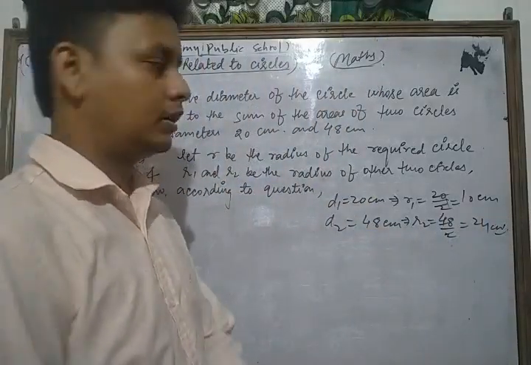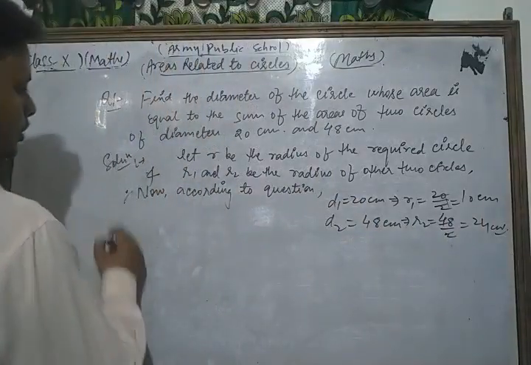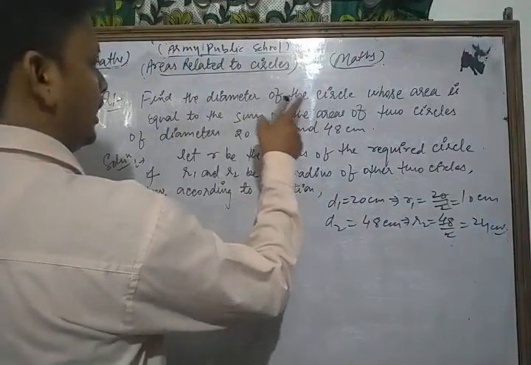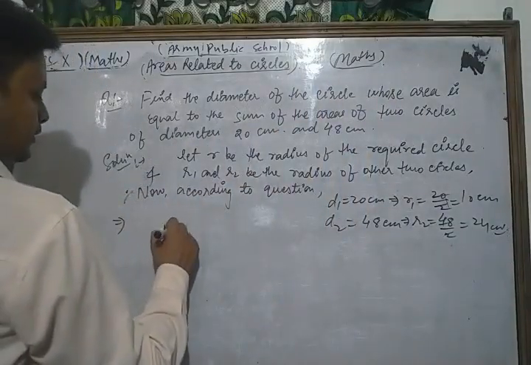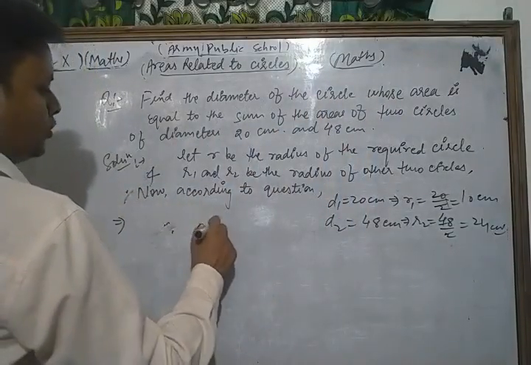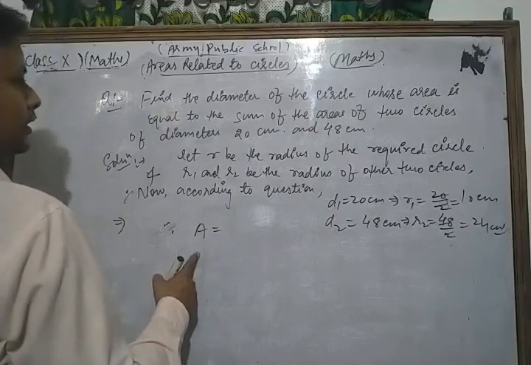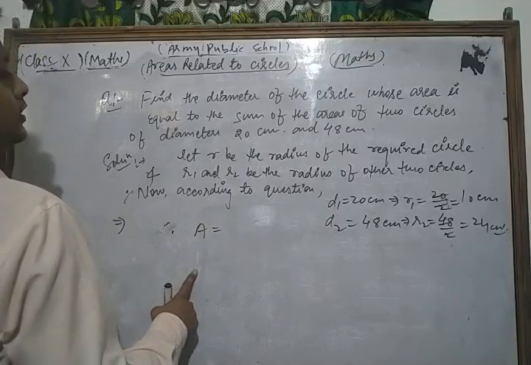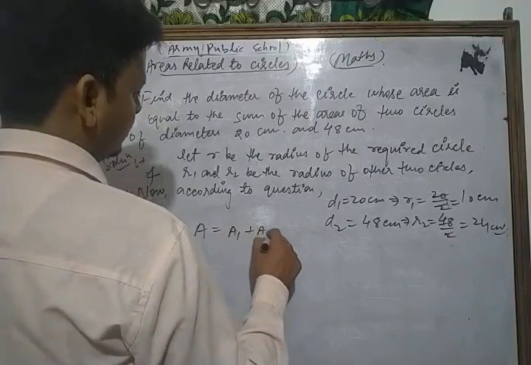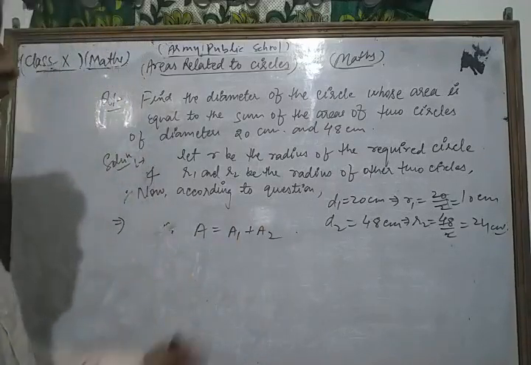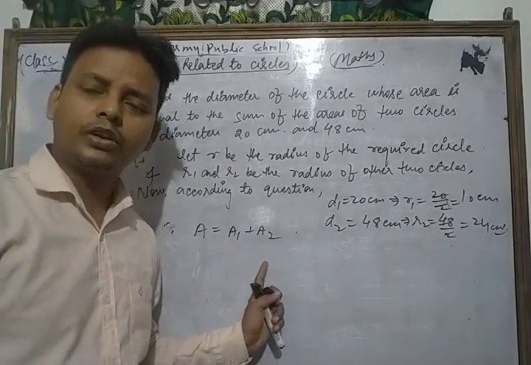Now according to the statement, the area of the required circle A is equal to the sum of the areas of the other two circles, means A1 plus A2.